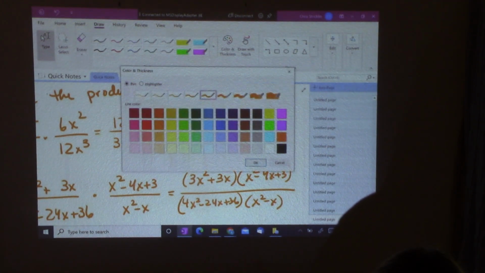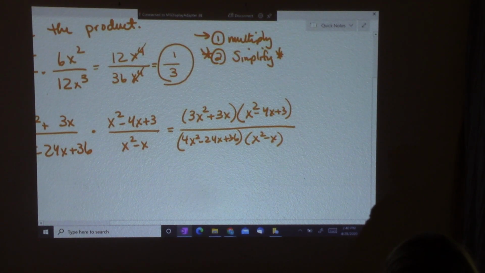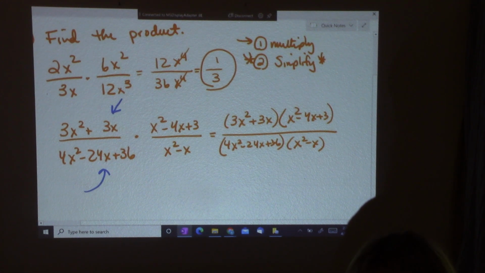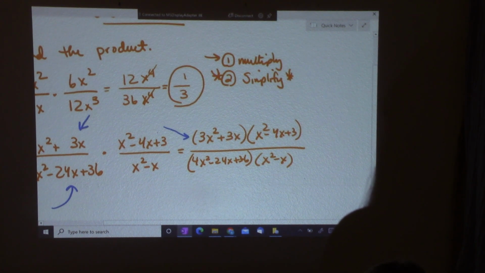Okay, I'm going to change color for this. This is the simplifying step, because very often in something like this term or this term, there are common factors that I'll be able to cross out, and that is really important, and that's a lot of what we're doing. So I'm going to look first at this first part of our numerator, and I'm going to see what I have that's a common factor.